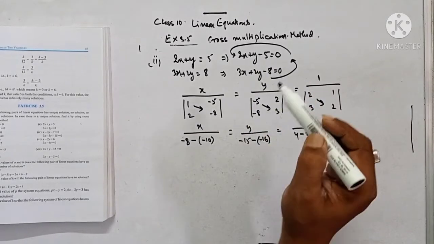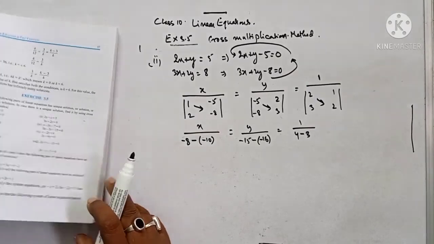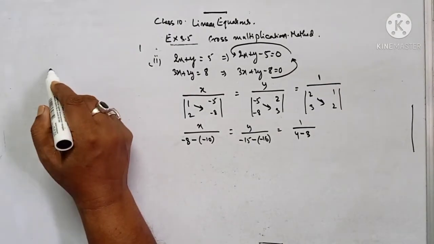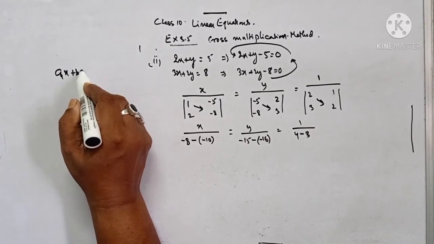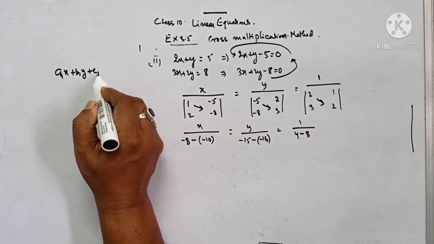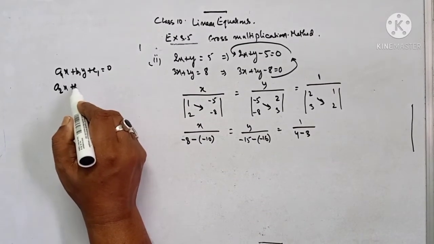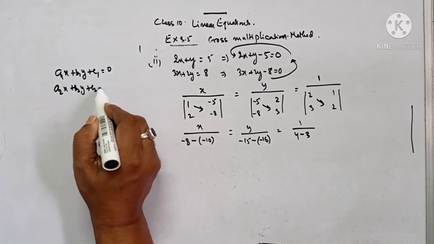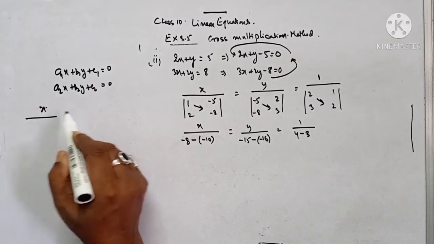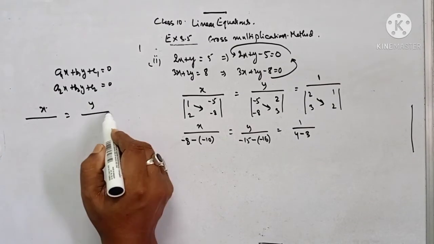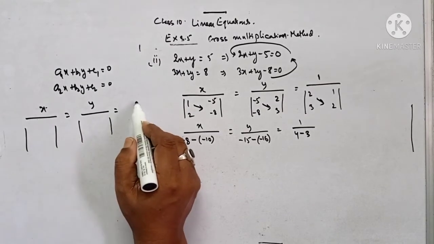Now in these two equations, that is, a1x plus b1y plus c1 is equal to 0, a2x plus b2y plus c2 equal to 0. So your x, this is equal to y, and this is equal to 1.